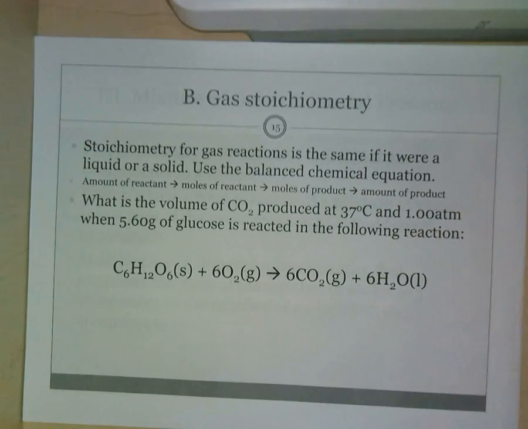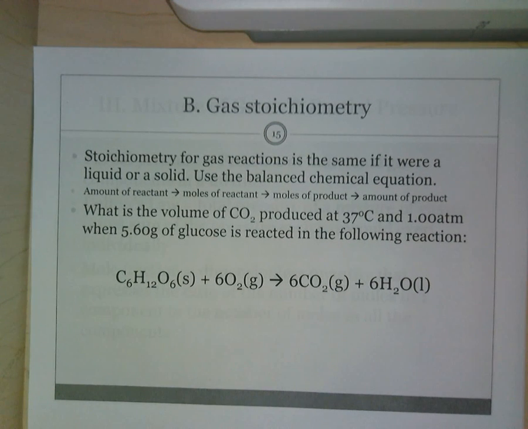In that case, let's look at gas stoichiometry. So, as a reminder, stoichiometry is the way that we figure out the coefficients so that there's as many reactants as there are products, right? So we did some balancing equations a few weeks ago. Stoichiometry is just the numbers that go with the balancing.